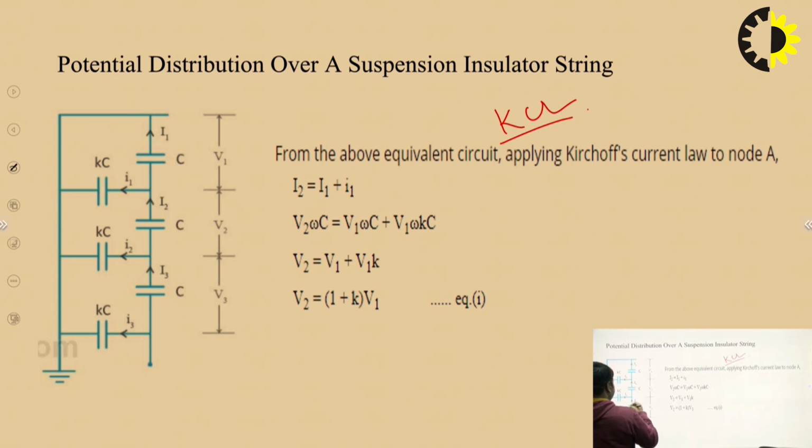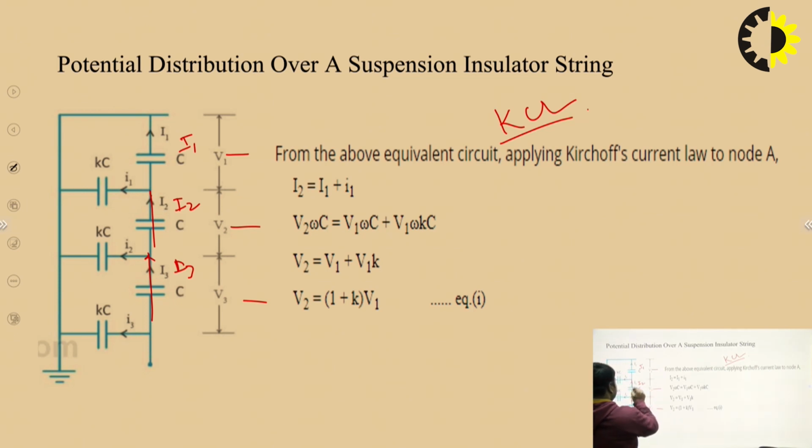So we will see, first of all, this is V1, V2, V3, and the branch currents are I3, I2, and I1. We will start stepwise.